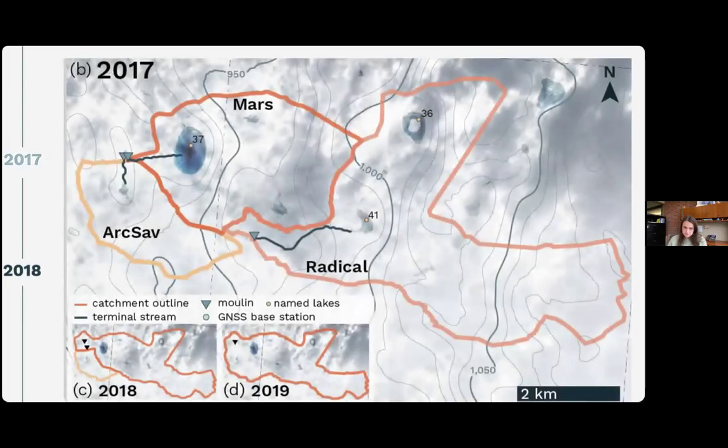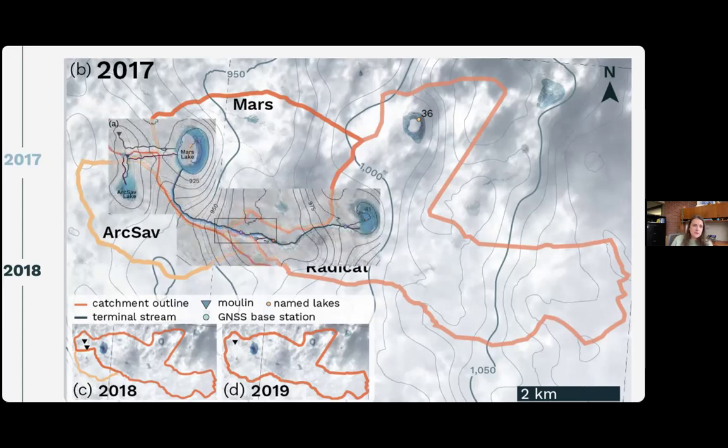Okay, so here is what the catchments look like in the 2017 melt season. We see some variability in the coalescence of our Mars and Radical catchments in 2018. And let me plot this here.